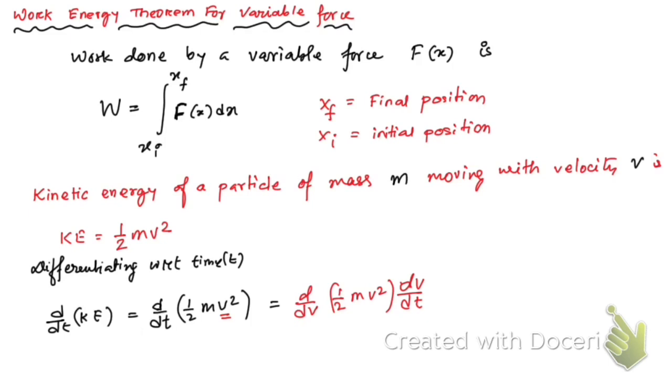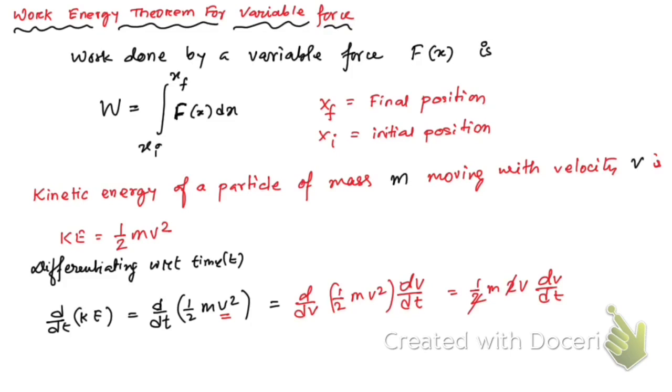So now you see, if you differentiate here, this part is constant, that will be taken out of the derivative. And the derivative of v square with respect to v is twice v, right? So we end up getting half m, then twice v, and here we have dv by dt, so these two cancel, right?